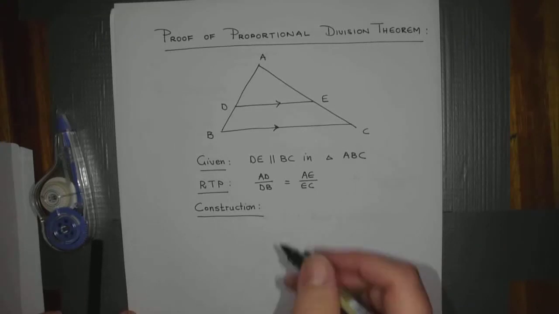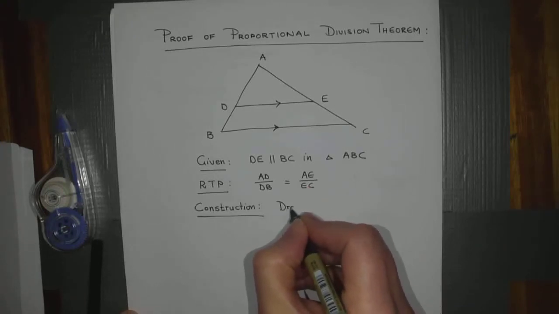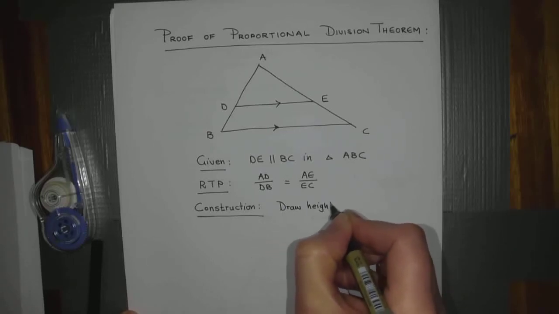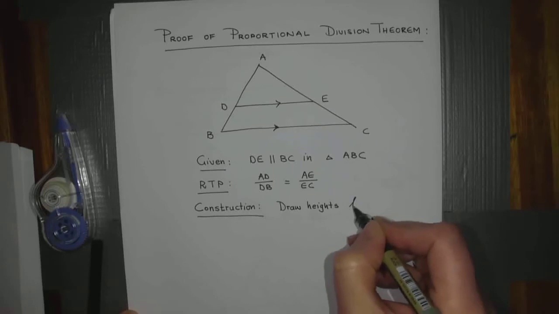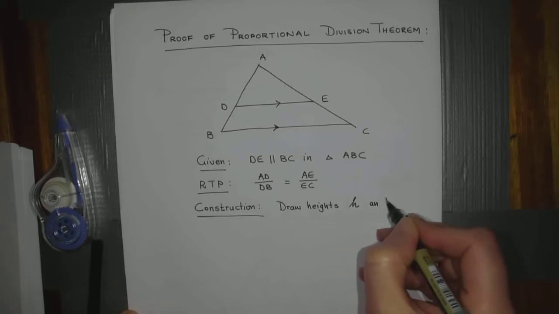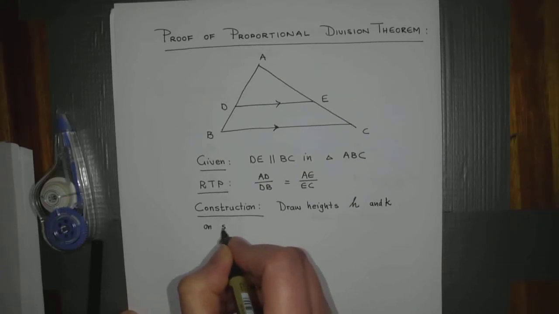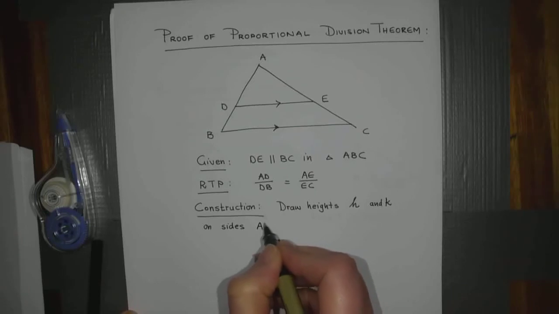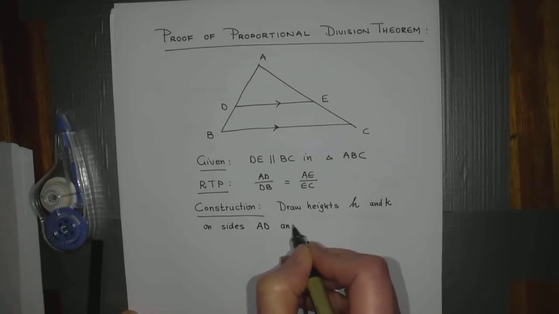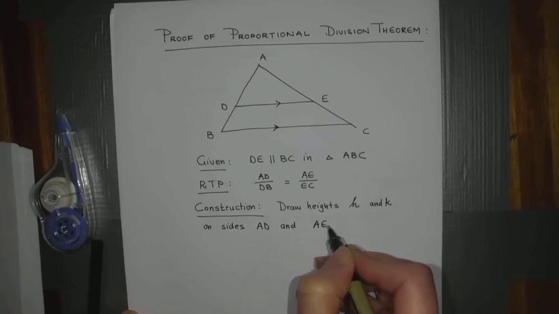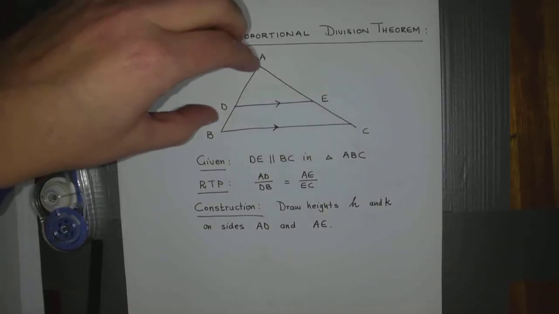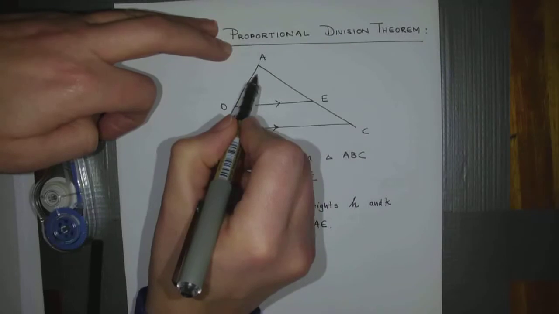This construction is quite interesting. The construction says, draw heights H and K on sides AD and AE. So you go to side AD, and on side AD you draw a height there.